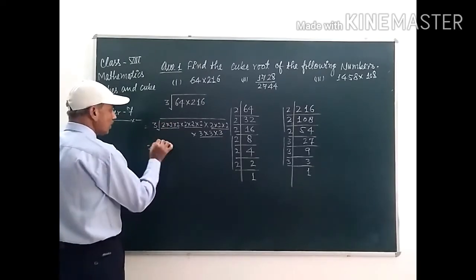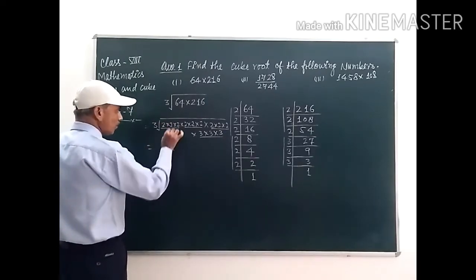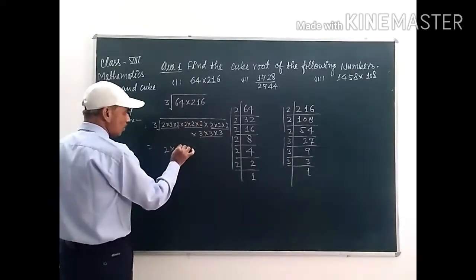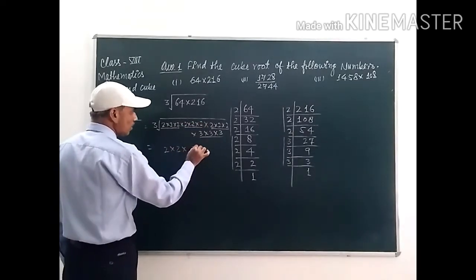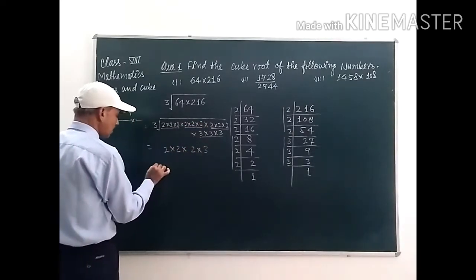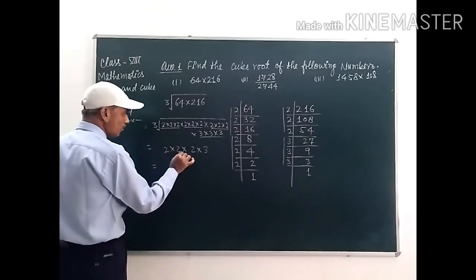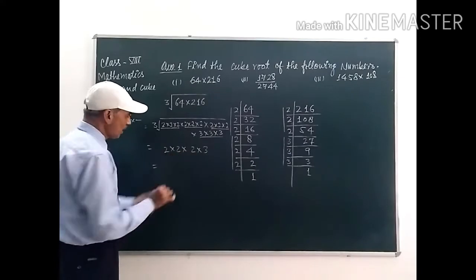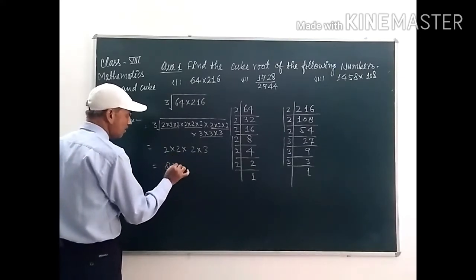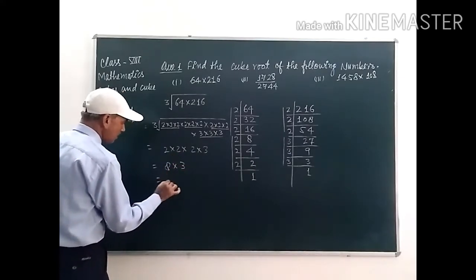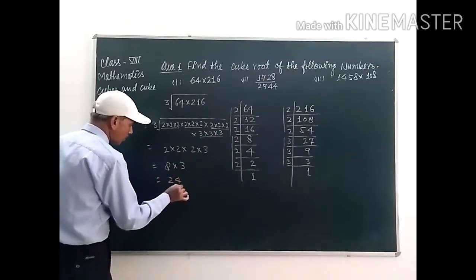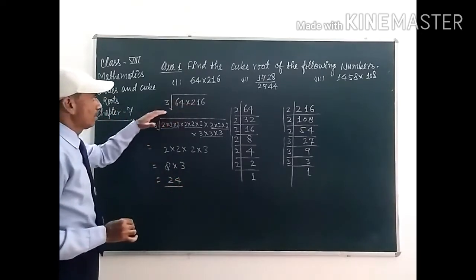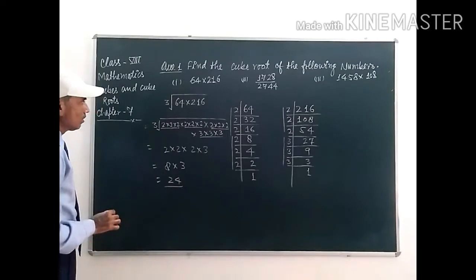So this one 2 from this group, into 2, into 2, into 3. So 2 twos are 4, 2 fours are 8, into 3, that is 24. So the cube root of this number is 24.